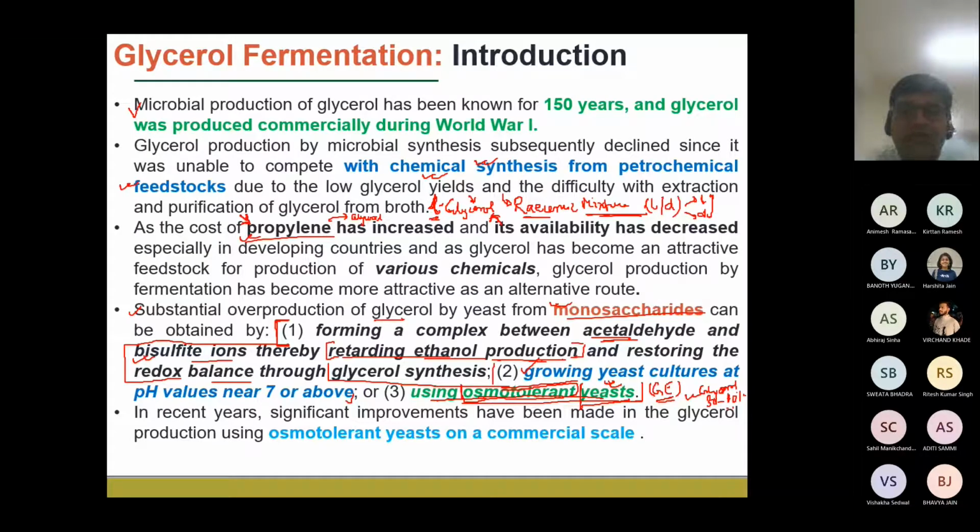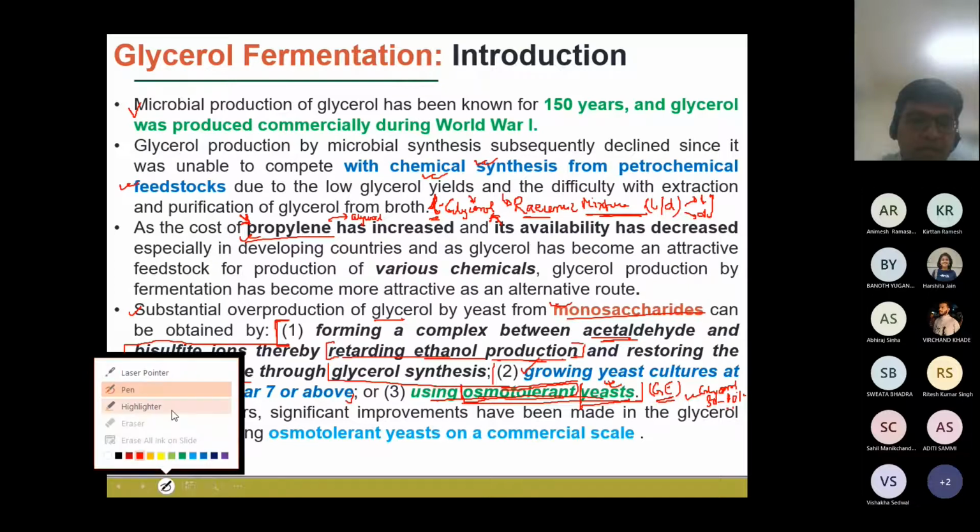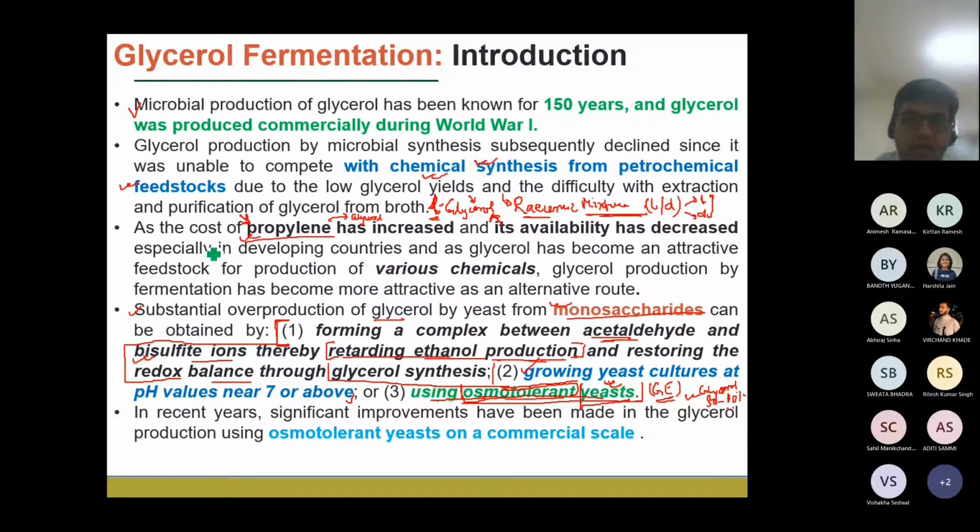But glycerol can also be produced by fermentation processes using different types of carbon sources. Earlier, when the production of glycerol was taking place, people were using propylene and converting the propylene into glycerol through chemical routes.